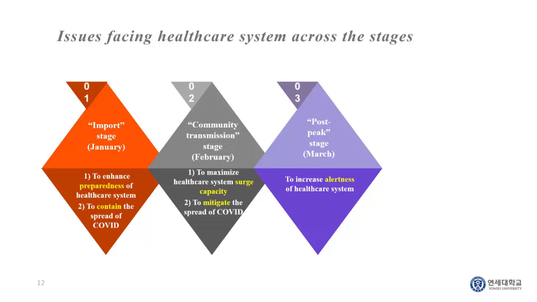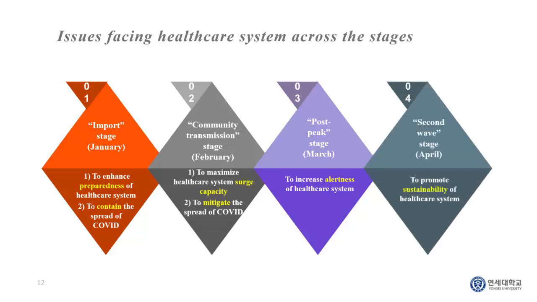At stage 4, promoting the sustainability of the healthcare system becomes the issue. Since most healthcare workers are mentally and physically exhausted from going through stages 1 to 3, most healthcare systems have the same problem of workforce shortage.